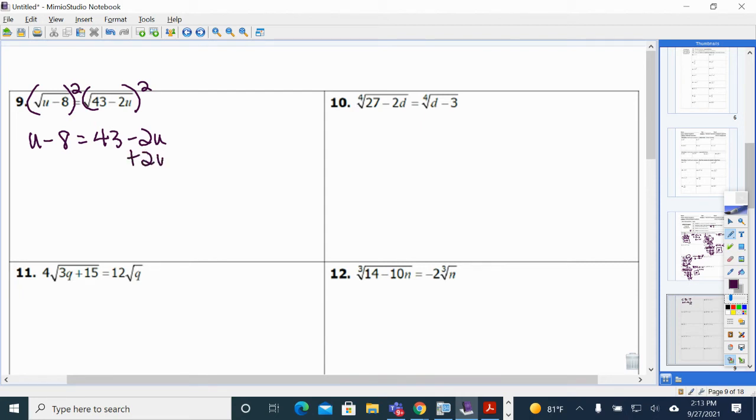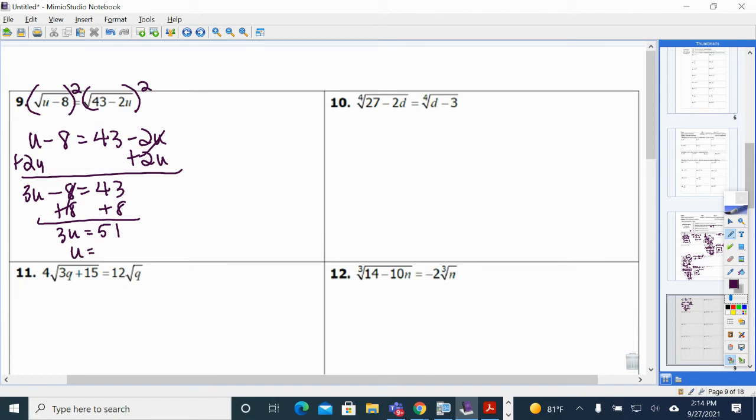I'm going to add the 2u. And we get 1u plus 2u is 3u minus 8 equals 43. Then we're going to add the 8. 3u equals 43 plus 8 is 51. Divide by 3. 51 divided by 3 is 17.